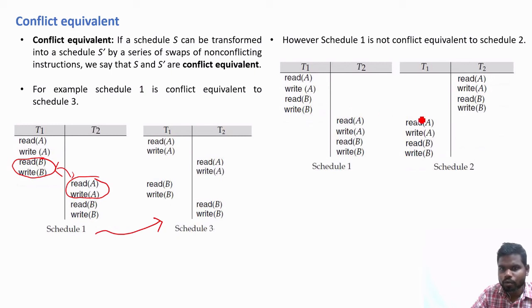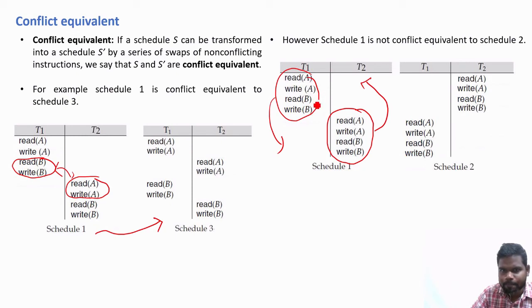In order to transform schedule 1 to schedule 2, all 4 instructions of T2 must come before all the 4 instructions of T1. So it will go down and all these will go up, so read B and write B will be at the bottom here.